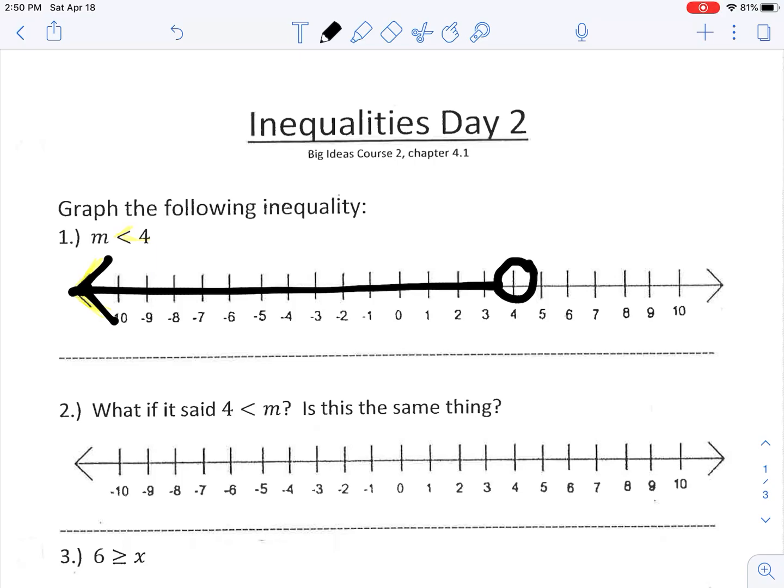I can invite 3 friends, 2 friends, 1 friend, or 0 friends. So since 4 is not a solution of the inequality, 4 does not get filled in. The circle is not going to be a closed circle because that would say that 4 is a solution. We want to show that 4 is not a solution.